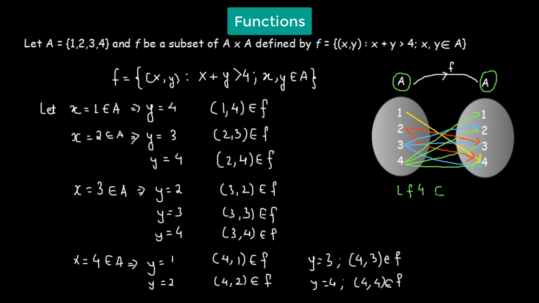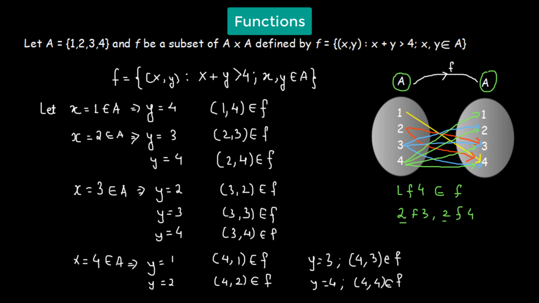That belongs to our set F. However, although we have 2 uniquely mapped to 3, we also have 2 mapped to the element 4.